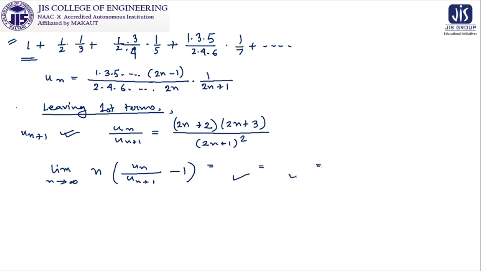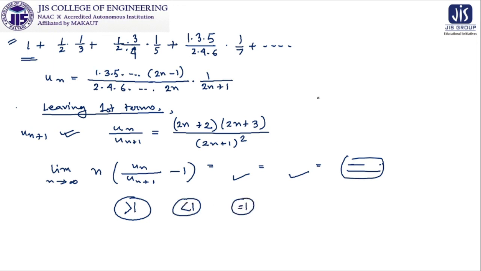We can finally find out the result, and we have to check whether the result is greater than 1, less than 1 or equal to 1 according to Raabe's test.